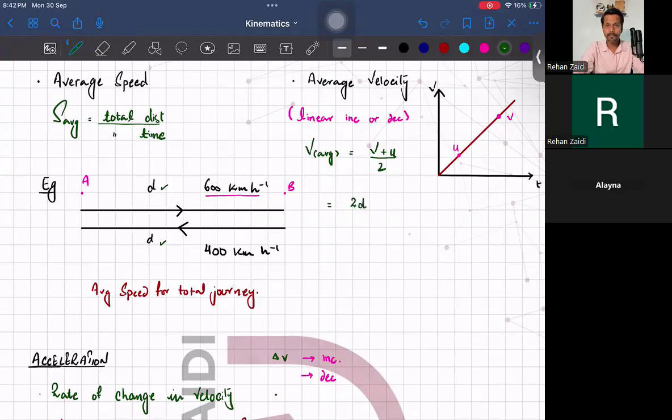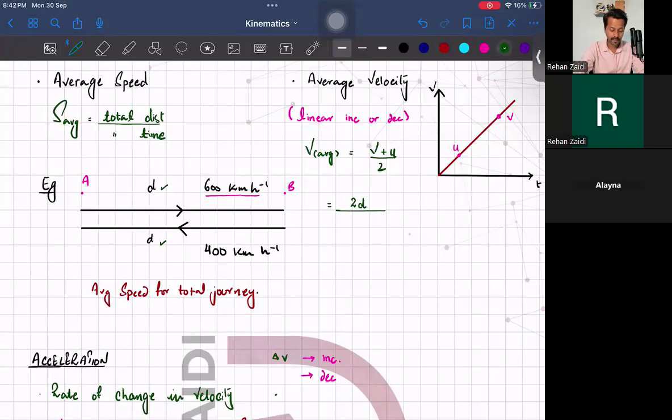Am I right? Yeah. Okay. Now since it's covering a similar distance, when it was moving from A to B the speed was 600 kilometers per hour, and from B to A the speed was 400 kilometers per hour.